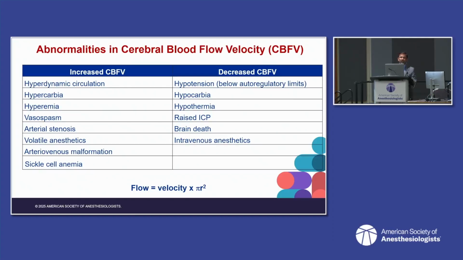So if you see a higher cerebral blood flow velocity than normal with transcranial Doppler, it could simply be a hyperdynamic circulation, but we would also see this in situations of hypercarbia or with the use of volatile anesthetics, for example. On the other hand, patients who are experiencing intracranial hypertension or cerebral hypoperfusion essentially will have a lower cerebral blood flow velocity.